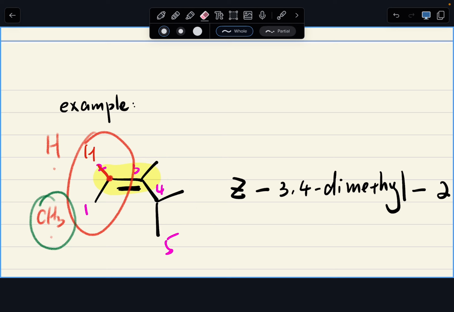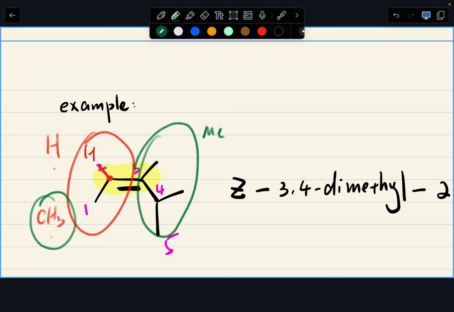Alternatively, if we focus on the right-hand side, now you have a methyl and an isopropyl group. Comparing your methyl and your isopropyl, the isopropyl is higher priority. And then we look at the relative position of my higher priority groups around the double bond. And we see, okay, so the methyl group and the isopropyl group are on the same side. And that's how we assign the EZ naming.